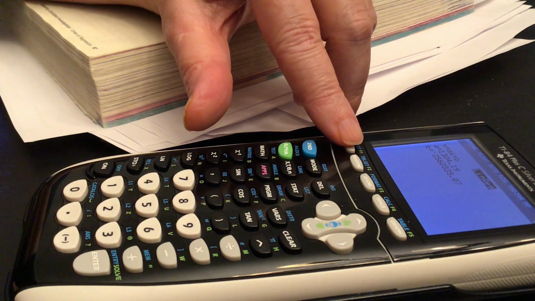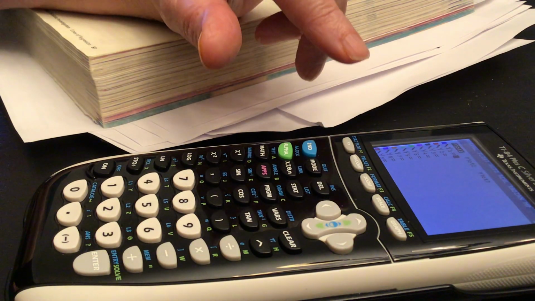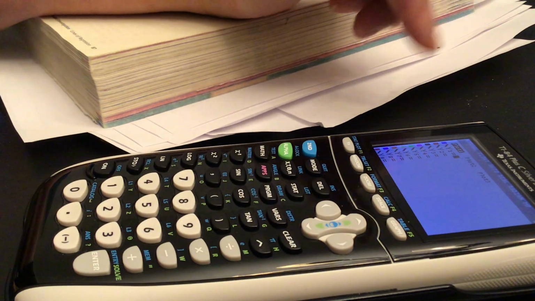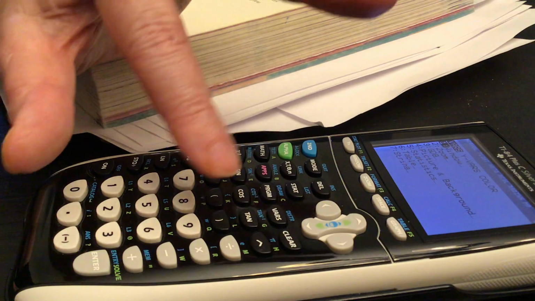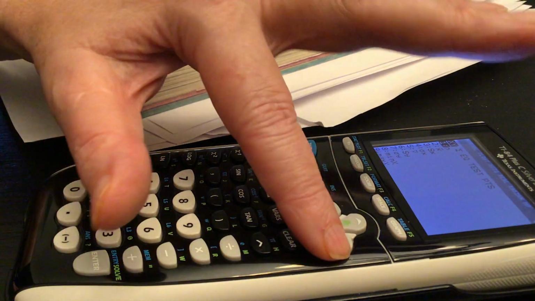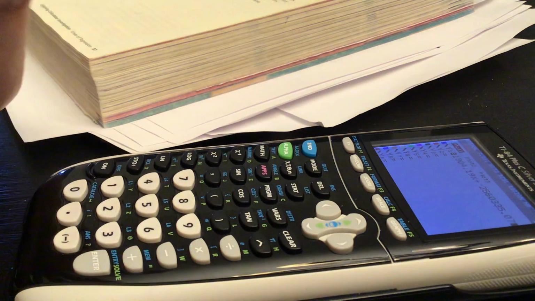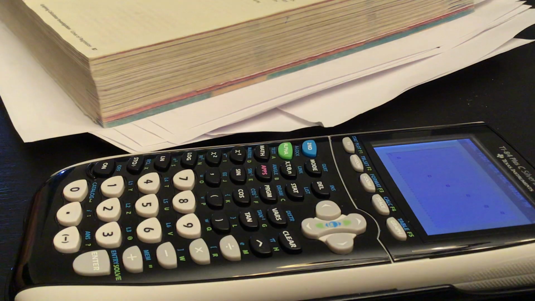Now we go to y equals, because we're going to say where we want to put that equation. This is how we transfer it. Vars 5 EQ, enter, graph. And it draws that equation of the line over the data. This is the line of best fit.